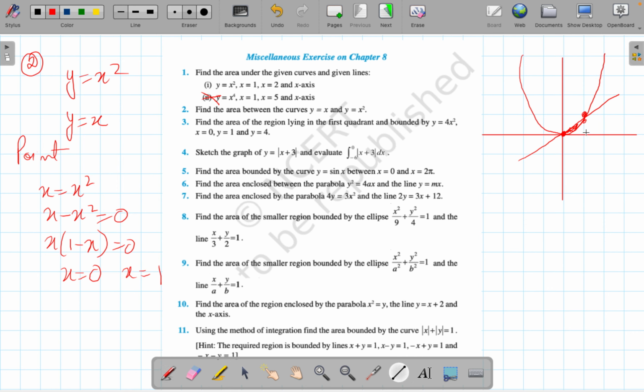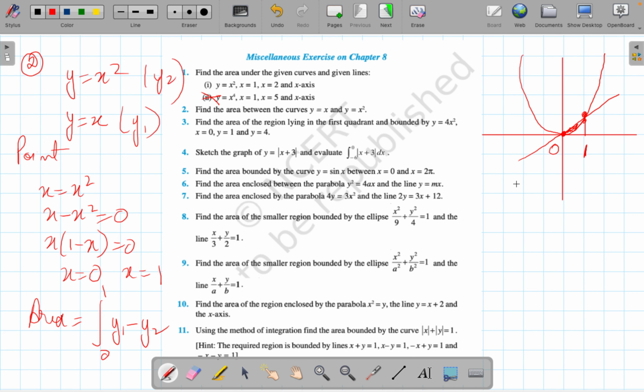Let's draw a perpendicular. So you know that this is 0. One intersection point is 0 and another intersection point is 1. So can I say that the area under the curve is from 0 to 1. This is line minus parabola, children. So y1 minus y2, if I consider this as y1 and this as y2.